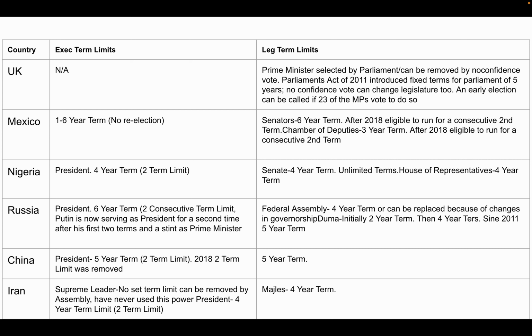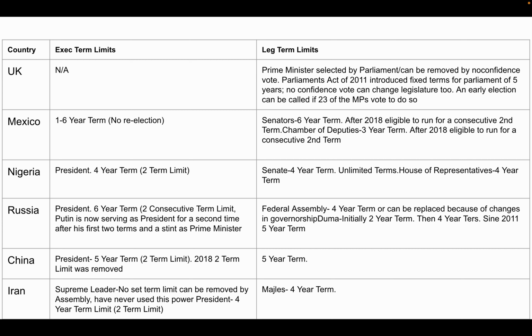There is a 2 consecutive term limit, but Putin is now serving as president, this is his 3rd time after he term limited out and did a stint as prime minister. Election laws have been recently changed to effectively remove term limits.